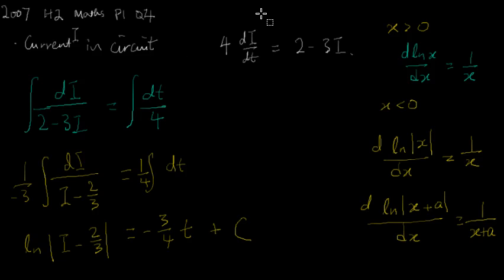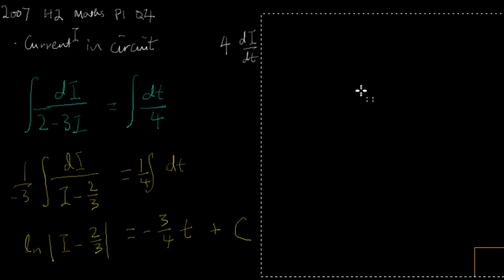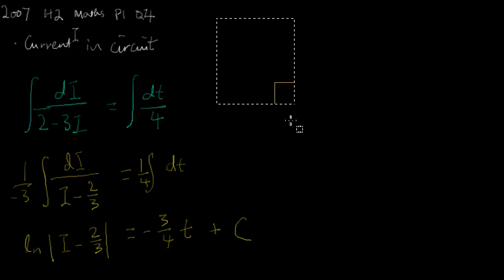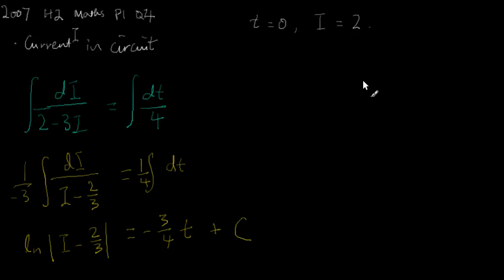Let me clear this off. So let's see, the initial conditions are that when t is equal to 0, I is equal to 2. Let's see how to use this. We can probably just substitute the values into here directly.